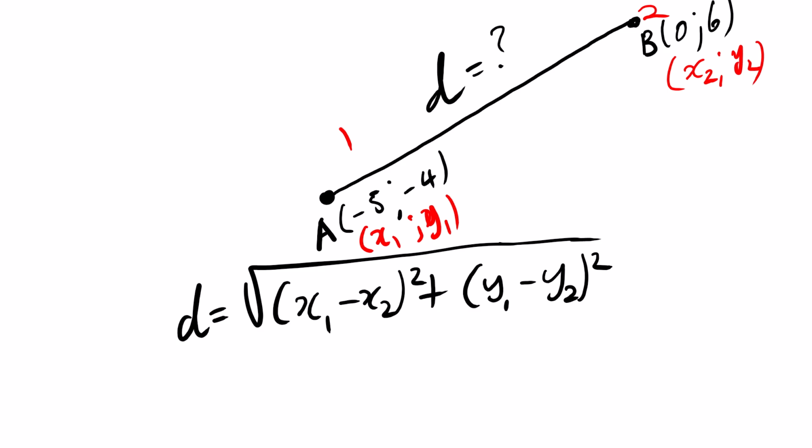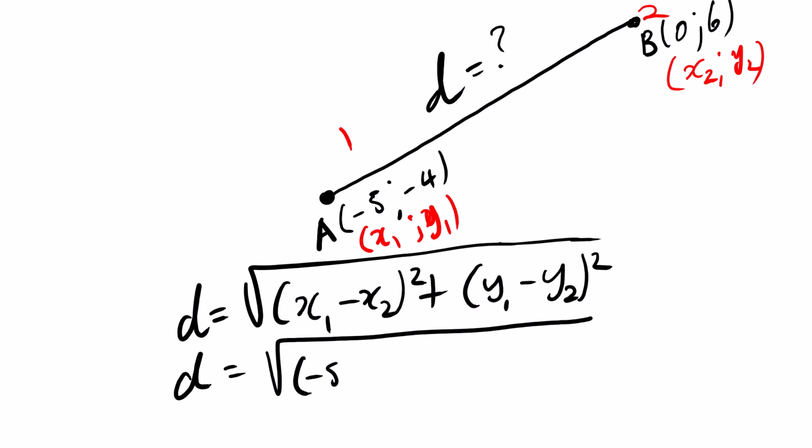Then from here we can simply substitute. So d is equal to square root, what is our x1, it's -5, what is our x2, it's 0, so minus 0, squared, plus y1 it's -4 minus y2 it's 6, squared.